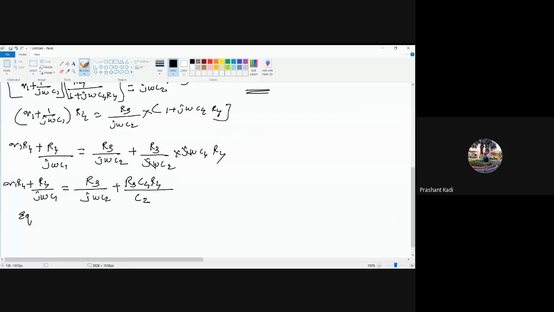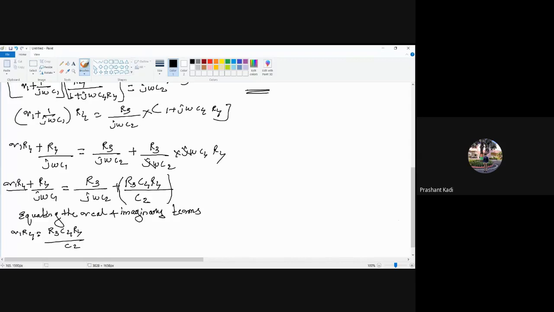So equating the real and the imaginary terms. On the left hand side, the real term is small r1 into R4, equals the right hand side real term, R3 C4 R4 divided by C2.